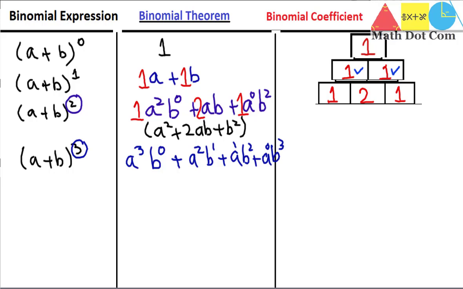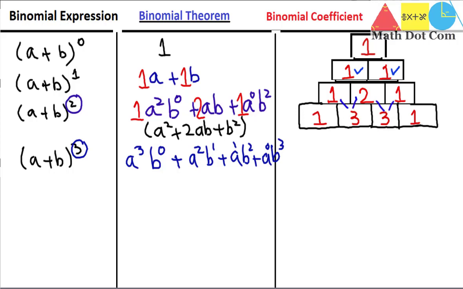Now what will be the coefficients with these terms? Let's see through the Pascal's triangle. Now we will expand the Pascal's triangle further like this. The corner boxes will have the 1 as it is, but the middle ones will be the sum of the above 2. So here we will have 3 and here we will have 3, the sum of these 2 and the sum of these 2.